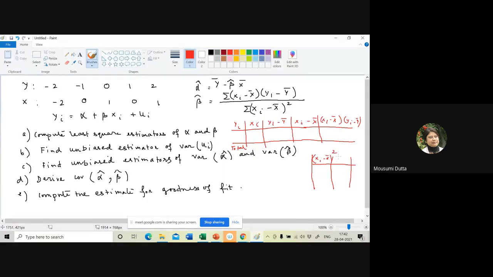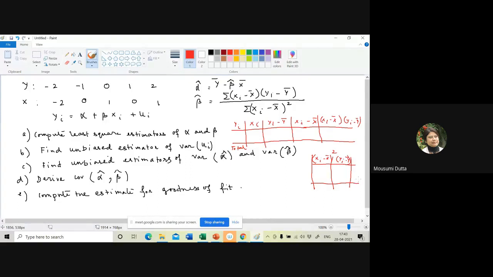I have taken a very simple data so that you can do the entire thing. Please prepare the table and tell me the values you are getting.